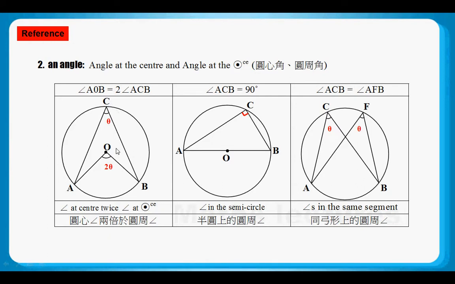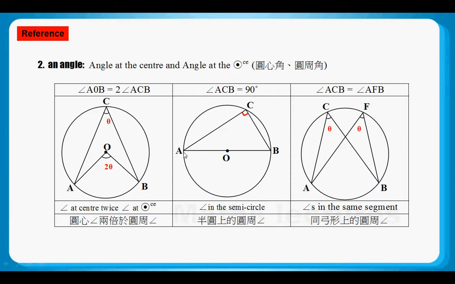If I need to use angle at the center is twice angle at the circumference, I will concentrate on 2 points, A, B, because instead of shooting out two radii, it's also shooting out two chords. Okay. Angle in the semicircle.